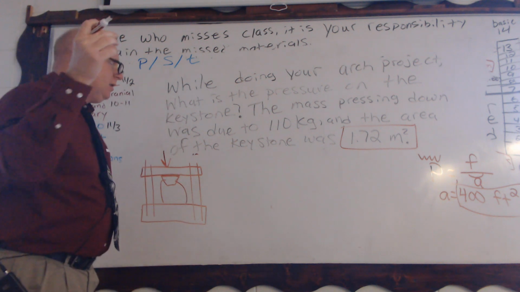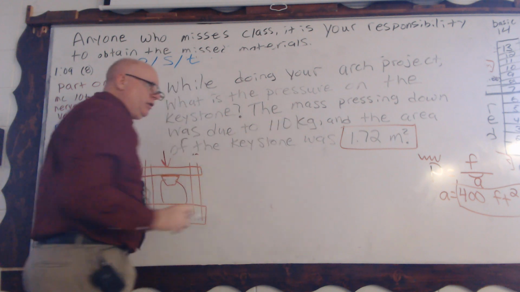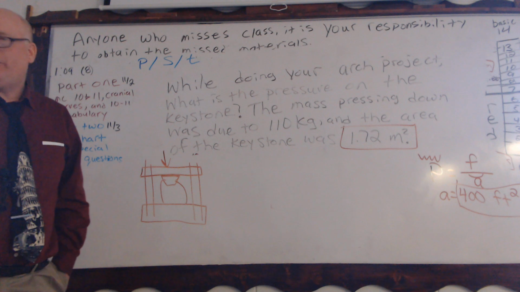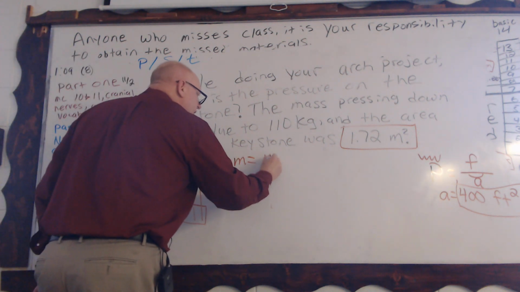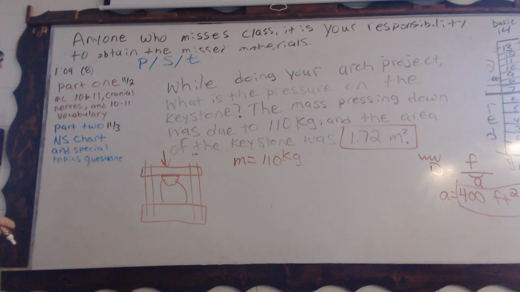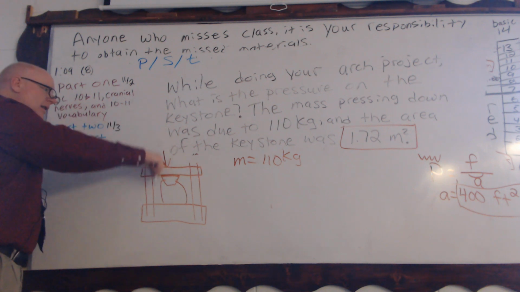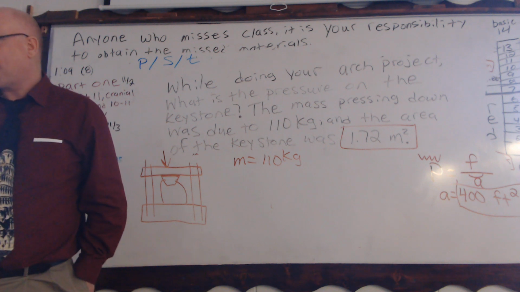Okay. So if you see this variable is measured in kilograms, that must be what type of variable? Mass. That has not changed. So mass equals 110 kilograms. Okay? Now, since this is pressing down and we're talking about weight, what gives objects weight on this planet?